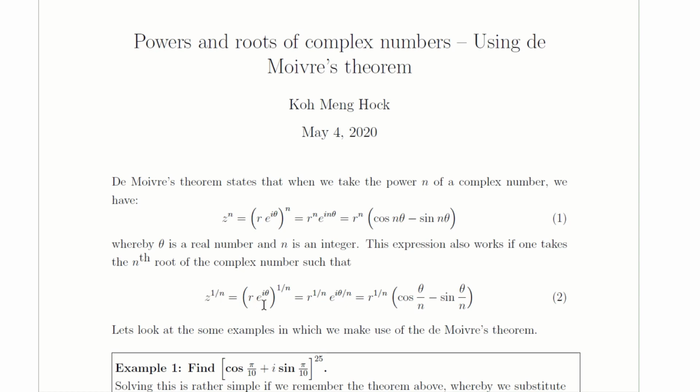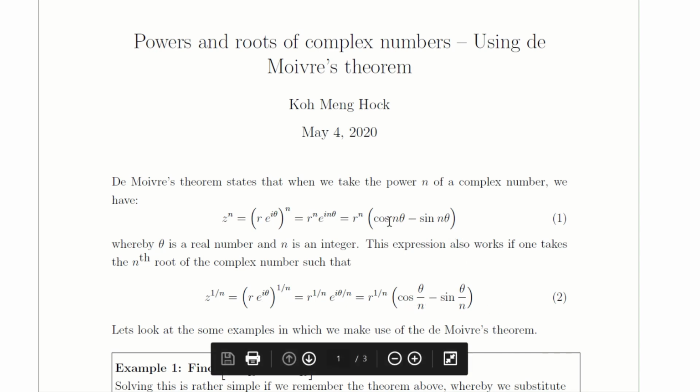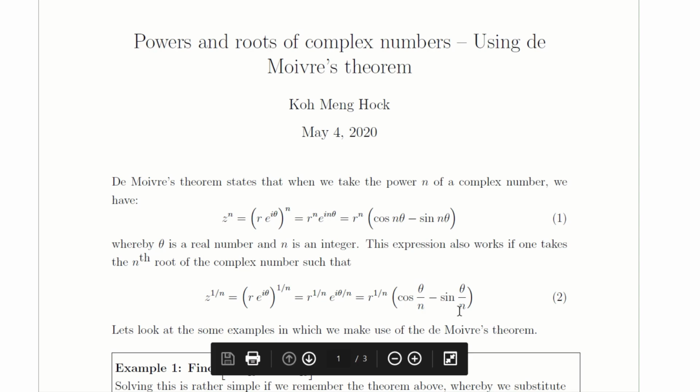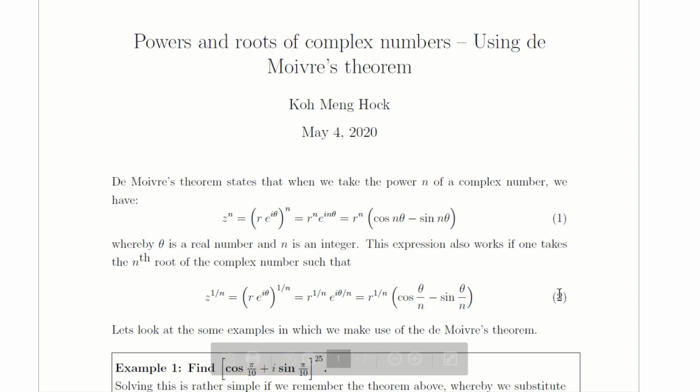This is the same as equation number 1, but instead of multiplying theta by n, you take theta and divide it by n. So this is De Moivre's theorem, and it is good to see how we apply it in solving some equations.